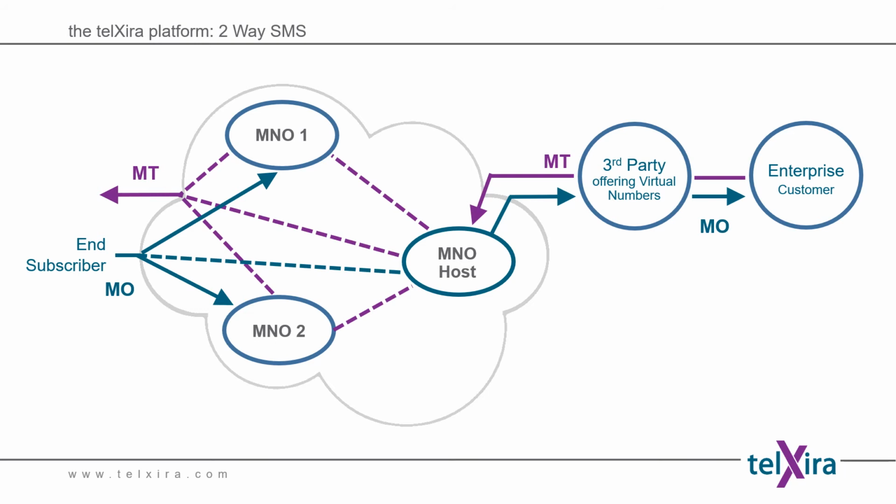When the customer receives the message and wishes to reply, he can simply press reply and the sender ID automatically becomes the recipient. This the host MNO can identify with the enterprise as a boat, and you, as the enterprise, will receive the answer. Traffic flow for MT is enterprise, mobile operator, and user.